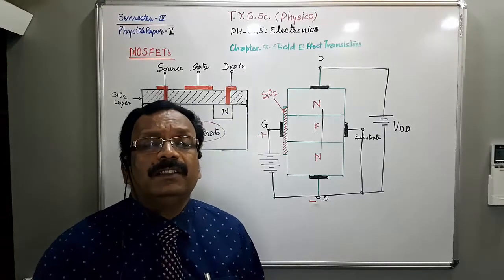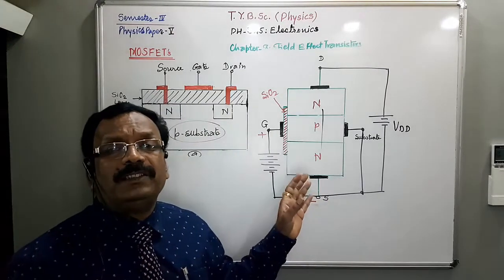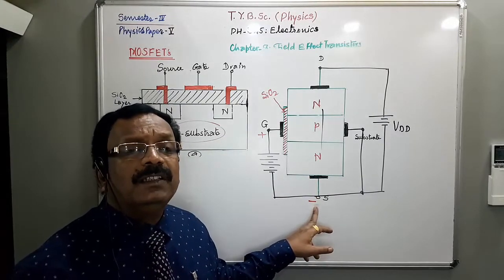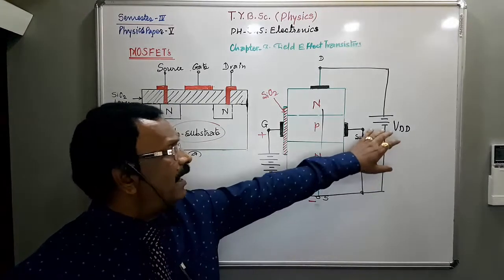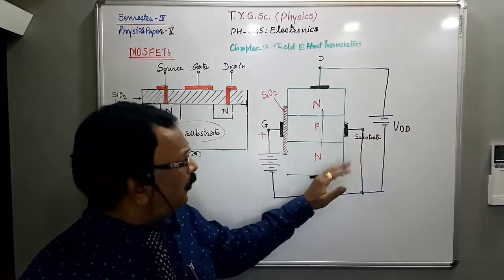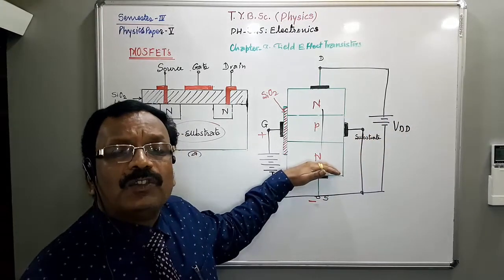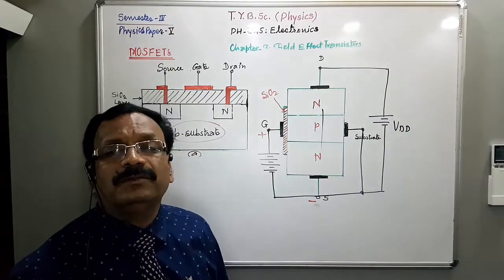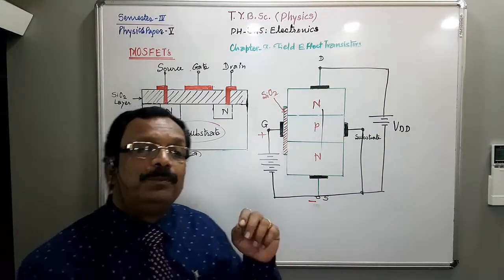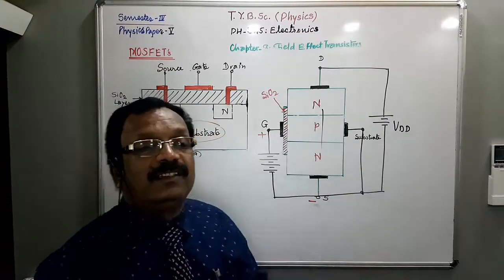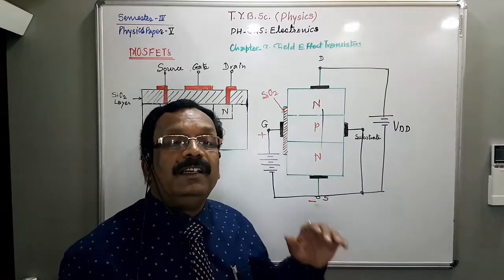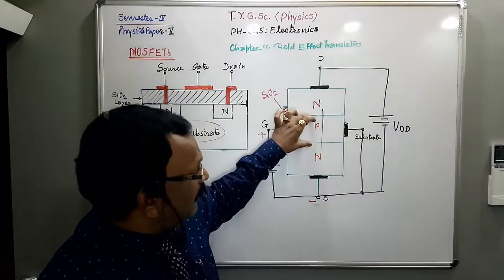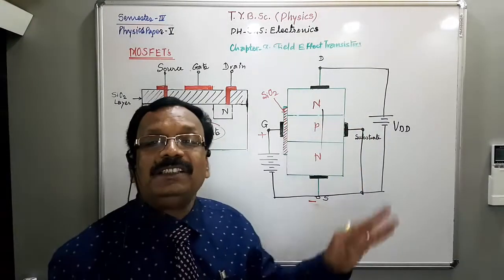When the gate to source voltage, that is VGS, is 0, the supply voltage VDD tries to force the free electrons from source to drain. But the presence of the P region does not permit the electrons to pass through this layer. There is a restriction.